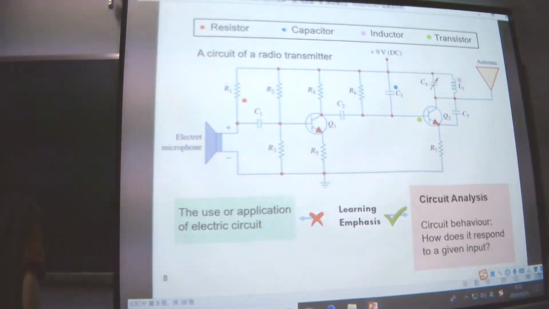If we give an input at one point of the circuit, we want to know the response of other circuit elements, the voltage and the current of them. That is the purpose of our circuit analysis.